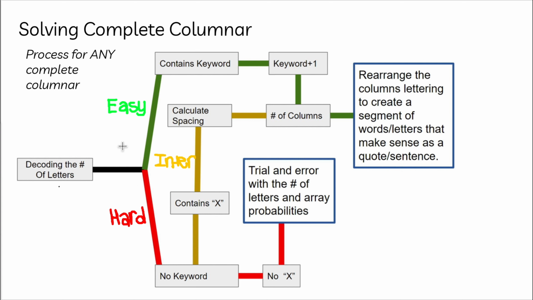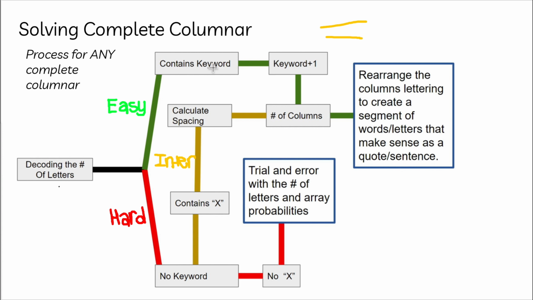Something you have to do in every complete columnar cipher is to count the number of letters in the ciphertext. You'll see text that is a line and then after a line, and you have to count all of that, usually in groups of 2. After you count the number of letters, if it's easy, it has a keyword.